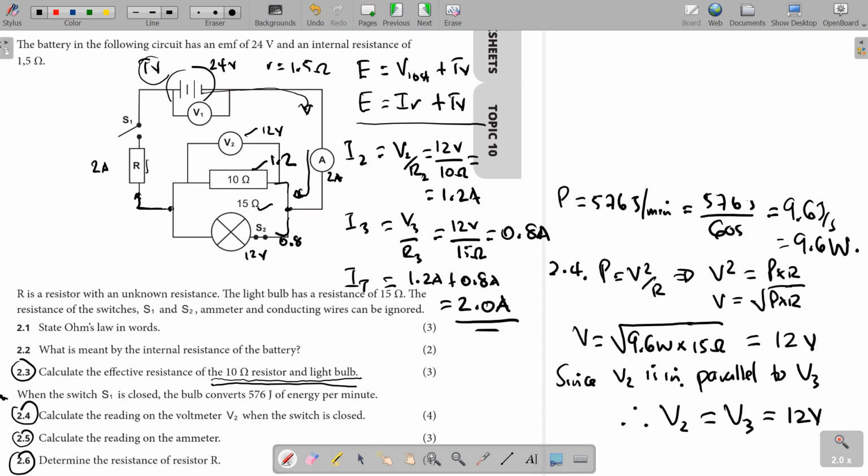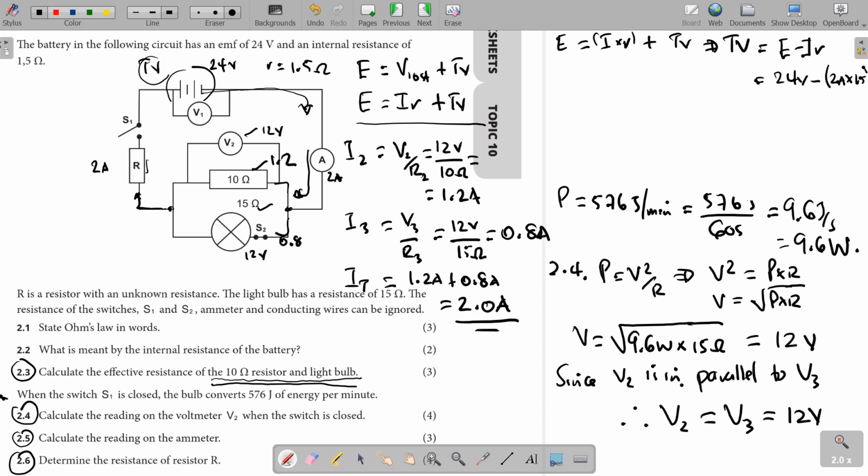How we do that, we need to first of all find the terminal voltage. So remember, E is equal to I times R plus terminal voltage. This tells us that terminal voltage is equal to E minus IR. So the EMF is 24 volts minus 2 amperes times 1.5.